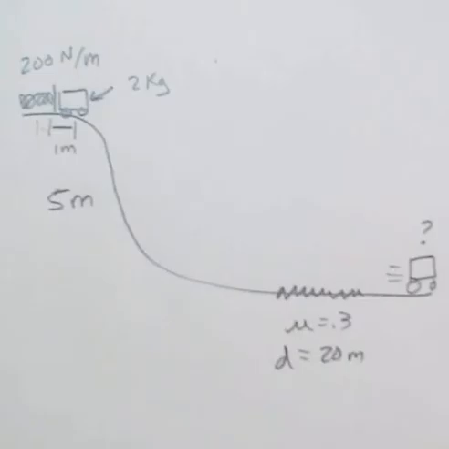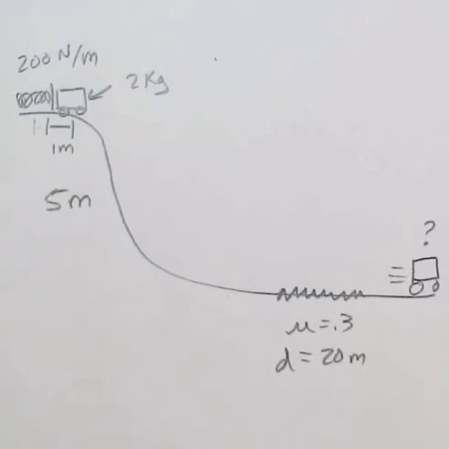And then you're on a 5-meter hill. When it gets to the bottom of the hill, what happens to it? It hits some friction for a set distance right here, and then it's still going to be moving after you're done. So the question we'd ask is how fast would it be going after the section of roughness?